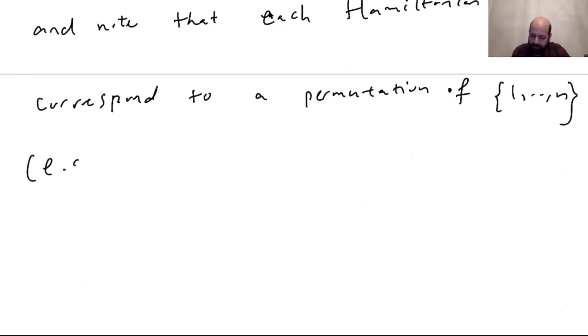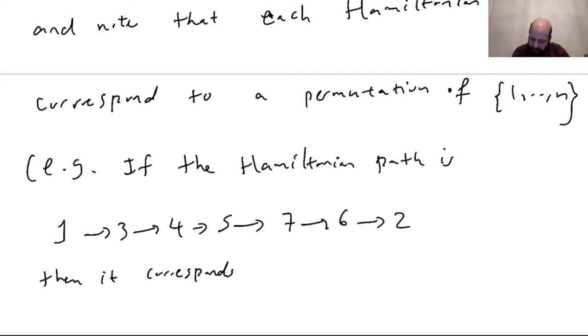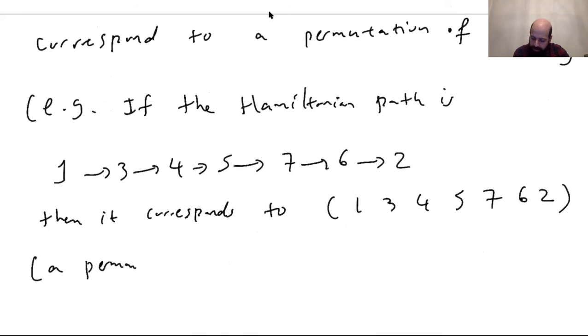Okay, so let me give you an example. For example, if the Hamiltonian path is 1 to 3, 3 to 4, 4 to 5, 5 to 7, 7 to 6, 6 to 2, then it corresponds to 1, 3, 4, 5, 7, 6, 2, which is a permutation of 1 to 7.